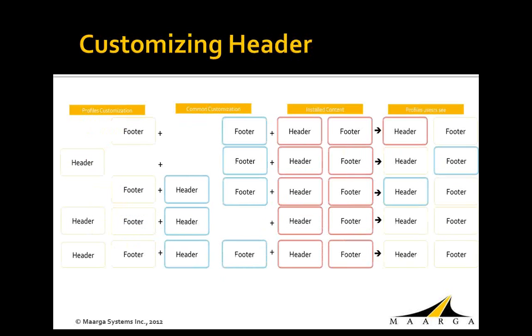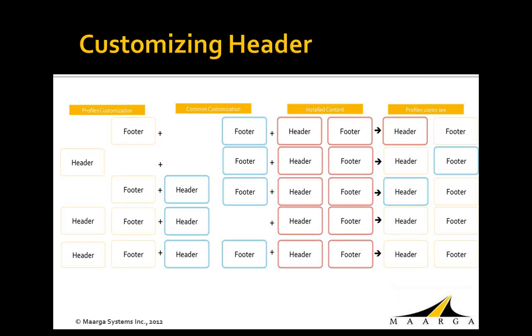So, customizing the header. This diagram has been taken from an IBM developers article. There is something called common customization, and there are customizations for every app, for which I have taken profiles here as an example.